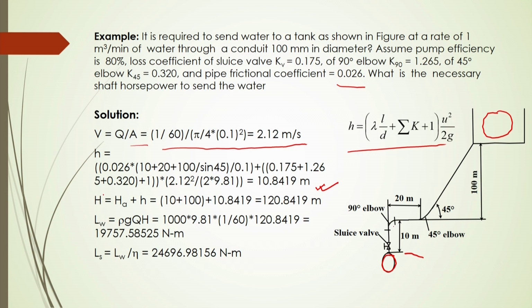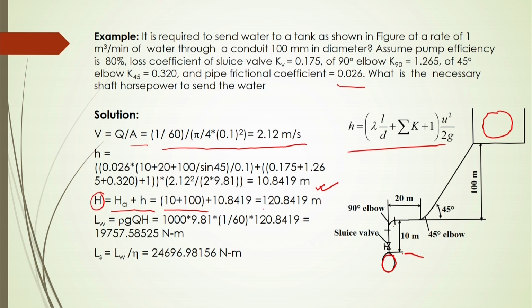And what will be the total head? This H will be equal to H_A plus H. This H_A is the water level distance, which is 100 plus 10, so it will be 10 plus 100, plus 10.8419.